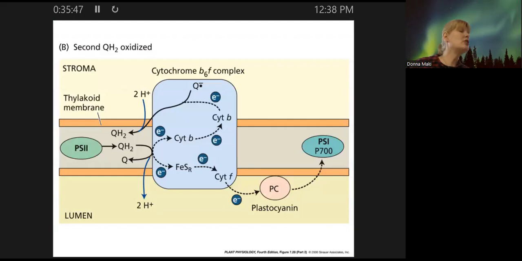Okay, so what we just described is this electron going from the iron sulfur to cytochrome F, and then the plastocyanin on the lumen portion of the thylakoid membrane. Okay, and so now it cranks along until it can do its job, which is to make a delivery to photosystem 1.